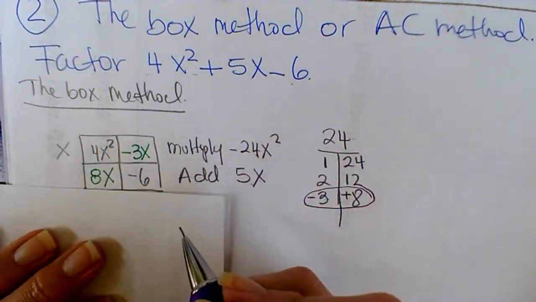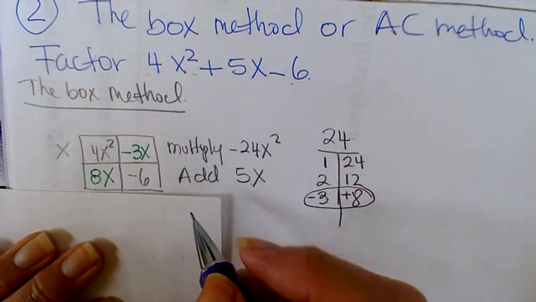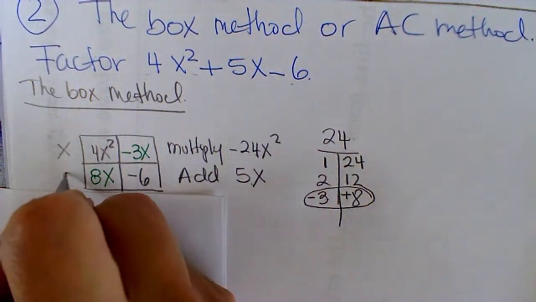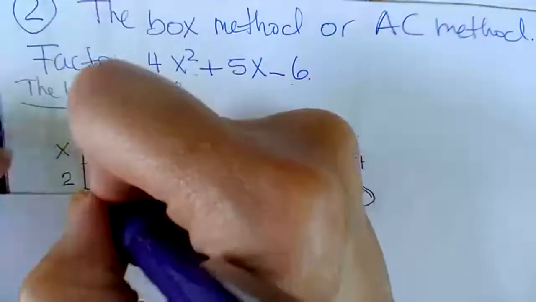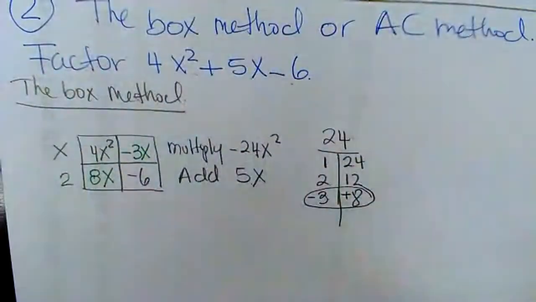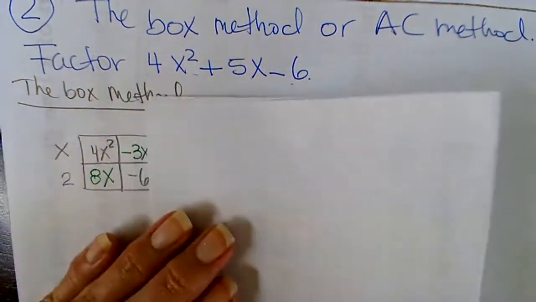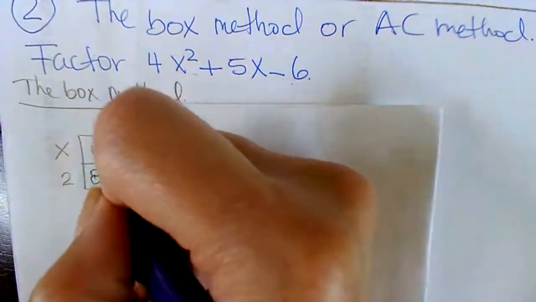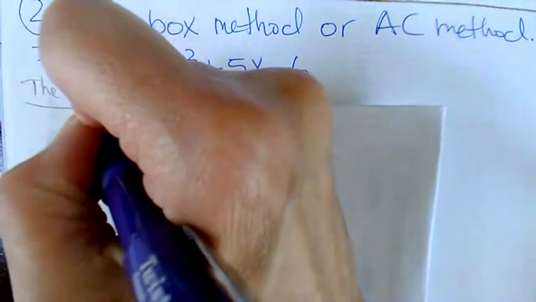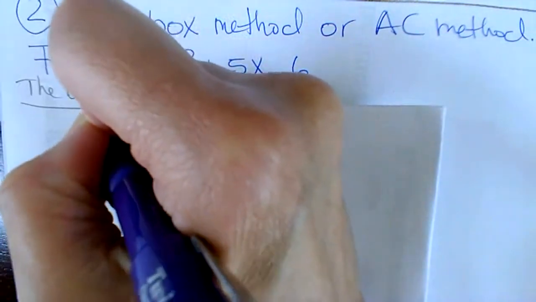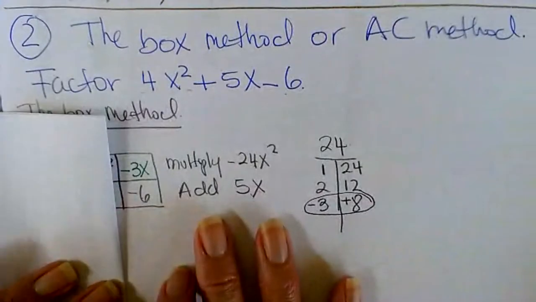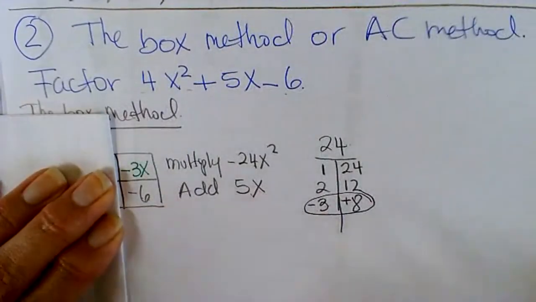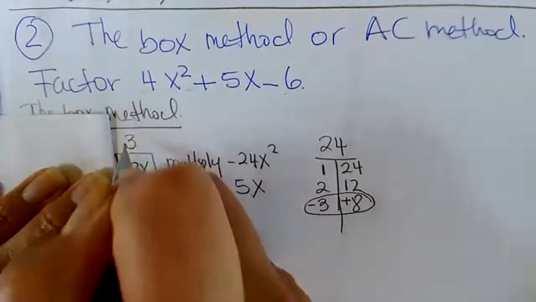What's my greatest common factor between the 8x and negative 6? That's going to be a 2. Now, let's take this column. What's my greatest common factor here? It's going to be a 4x. And what's my greatest common factor between these two? It's going to be a 3.